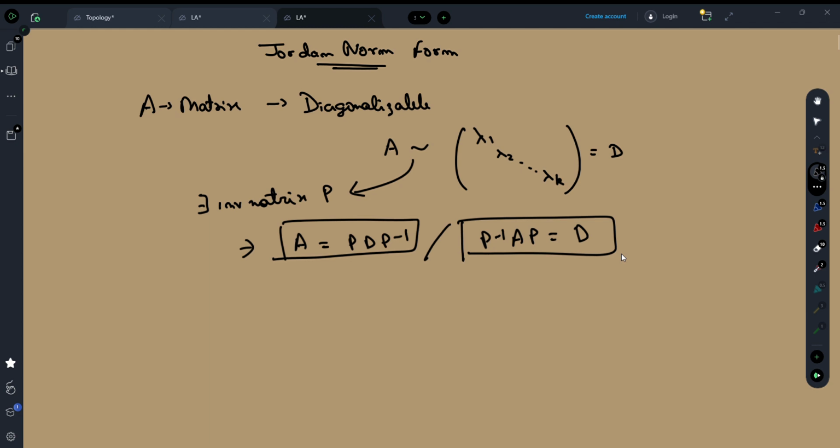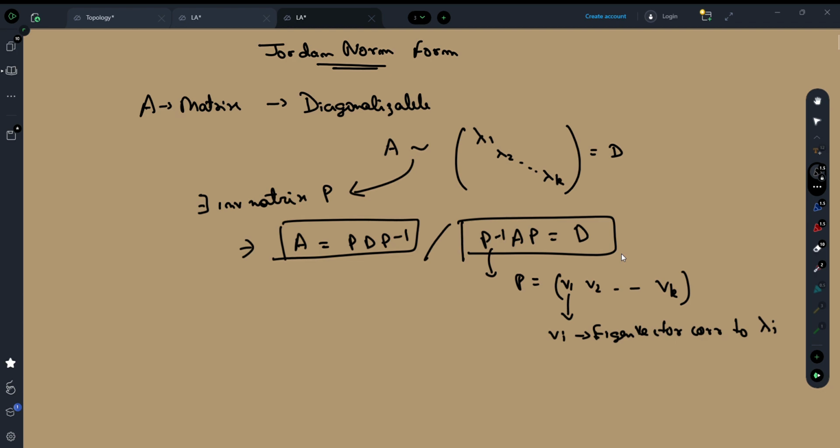And recall that in the matrix P, the columns were vectors, say v1, v2 till vk, where each vi was an eigenvector corresponding to lambda i.